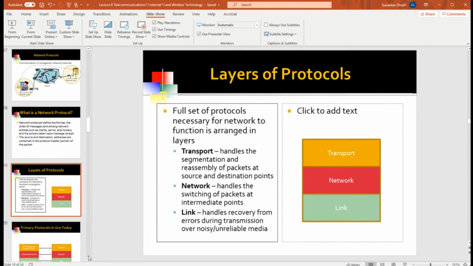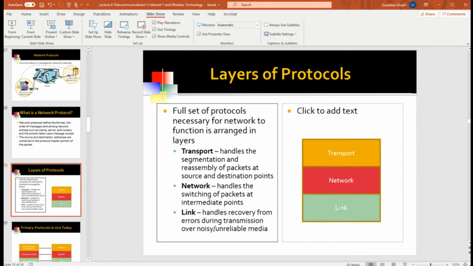Every entity, every router or switch or end system, computer system, laptop, has a protocol stack, because you need these 3 layers and they have to work in conjunction with each other. So every entity which is going to participate in communications on the internet has to have a protocol stack. The stack consists of these link, network, and transport protocols.